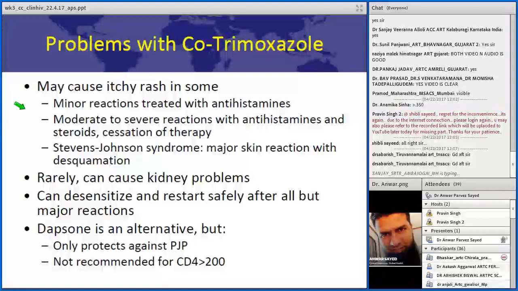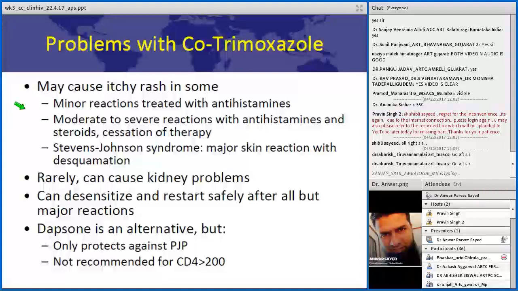Stevens-Johnson syndrome is again a very serious life-threatening condition where you can no more challenge with that drug, which may again cause desquamation of this kind. Rarely it can cause kidney problems, but the good thing about Cotrimoxazole is we can desensitize and restart safely after all but major reactions.